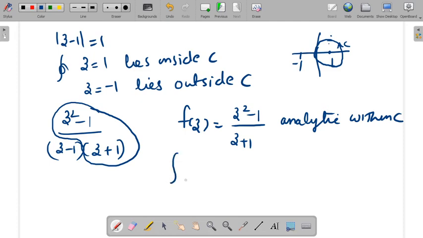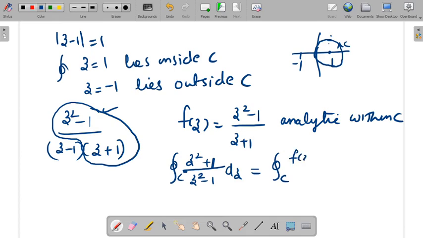So now you can write the integral over C of z square plus 1 divided by z square minus 1 dz as the integral over C. See, ഇതാണ് നമ്മുടെ ഫംഗ്ഷൻ. ഇത്രയും ഭാഗത്തിന് നമ്മൾ f of z എന്ന് എഴുതിയിരിക്കുന്നത്.